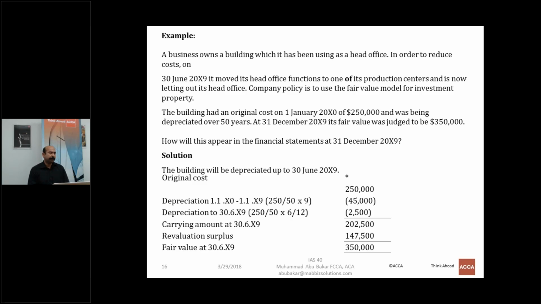Mirza Beg asking again, in the first example, shouldn't its fair value be determined on June 2009? Yes, we are doing the same.